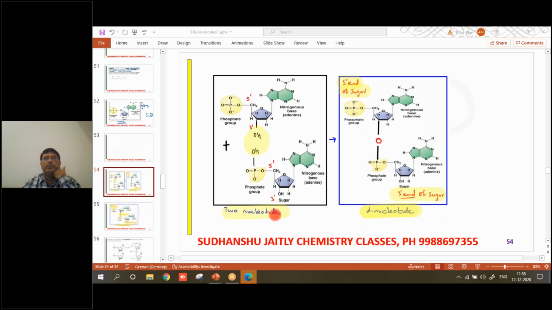This is 2 nucleotide, this plus this is going to be the dinucleotide. Try to understand what has happened.